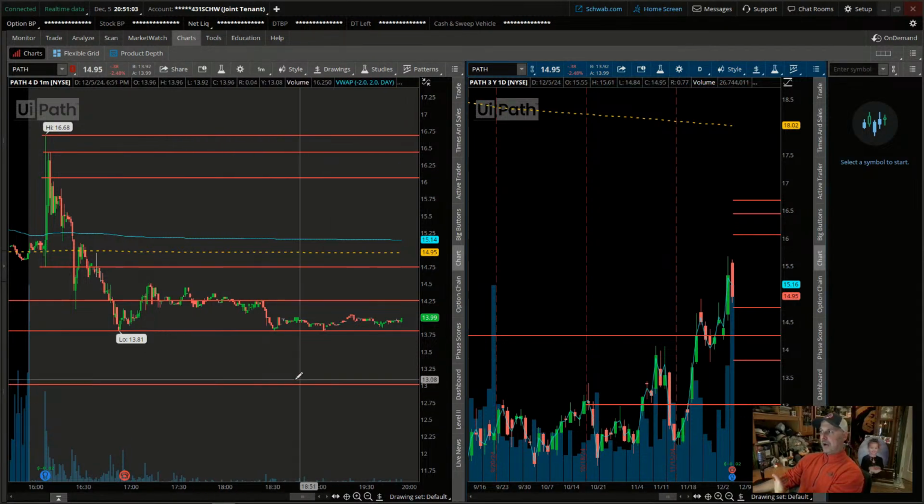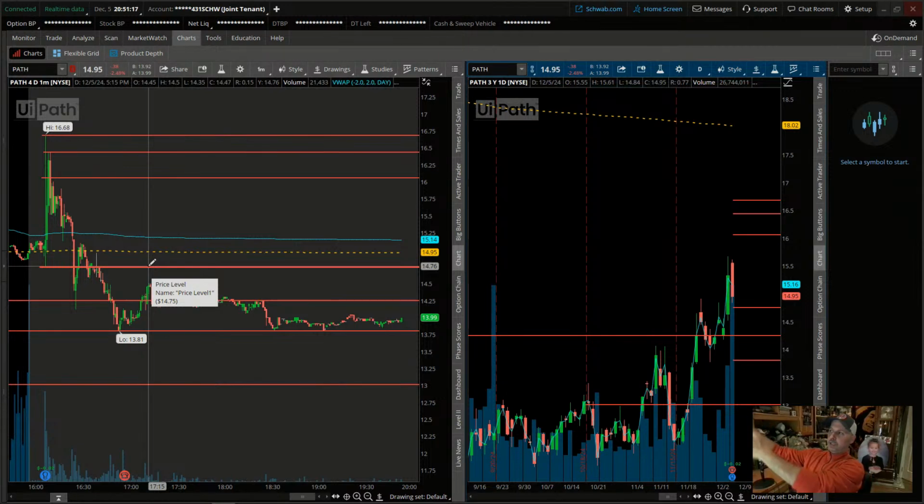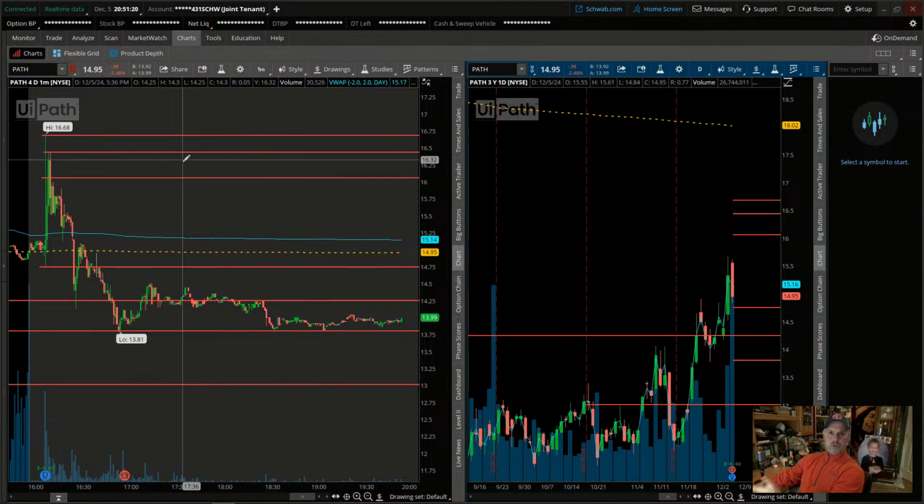But if it opens up down here tomorrow and it holds the 13 and starts to break, you see it coming from underneath 13.81 and it breaks, then you're going to go to 14 and a quarter, and then maybe the stock starts to rally. So it's all about tomorrow. You plan your attack for what you're going to do when it gets to those prices, but we don't know what's going to happen tomorrow morning.